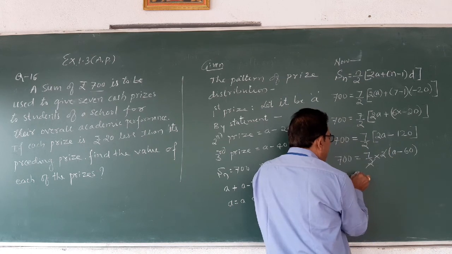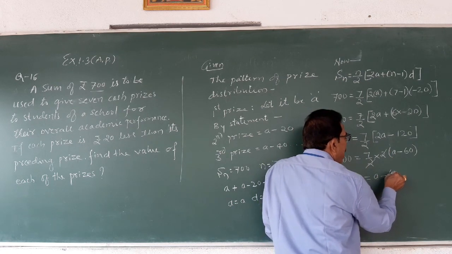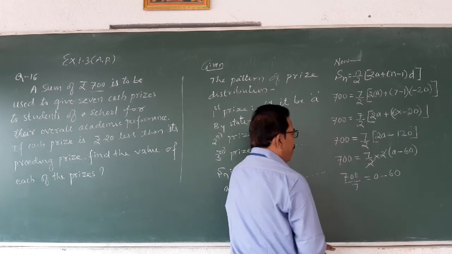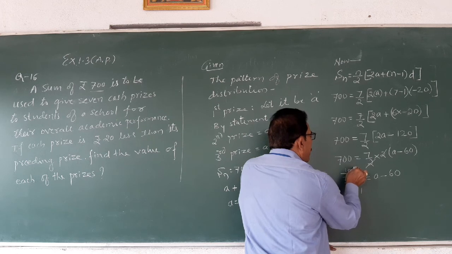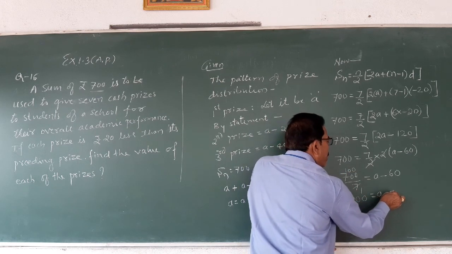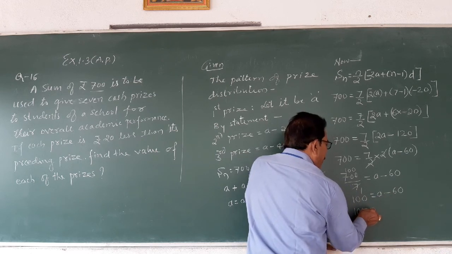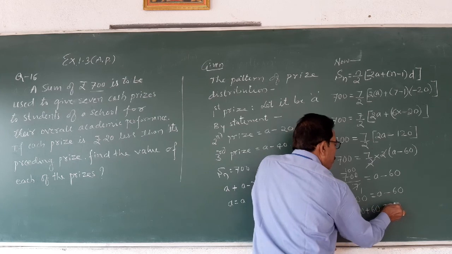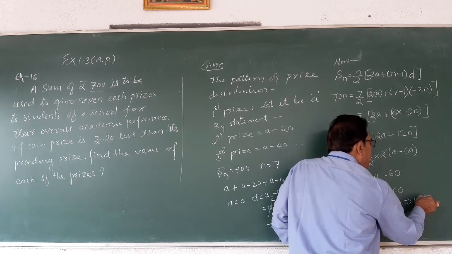Then 700 by 7 equals A minus 60. 7 ones are 7, 700s are 100. 100 equals A minus 60. Therefore 100 plus 60 equals A. That implies A is 160.